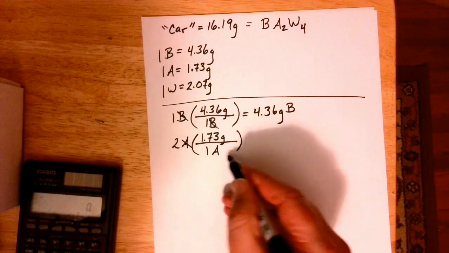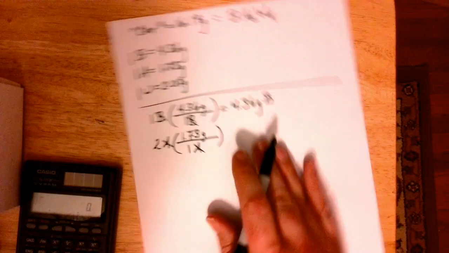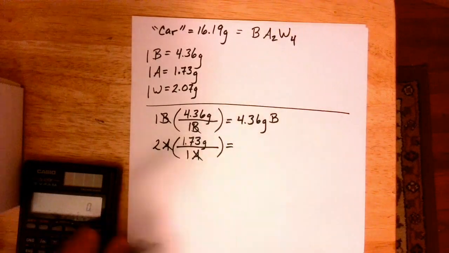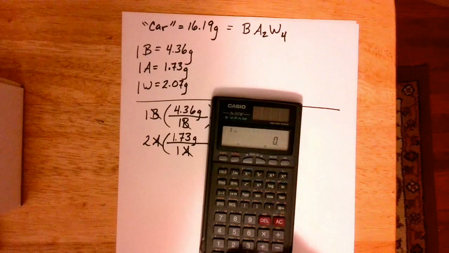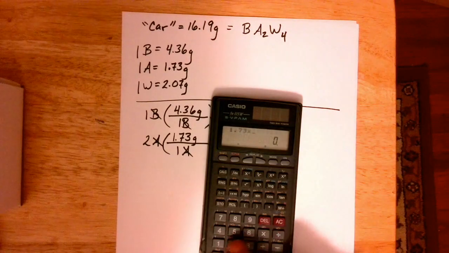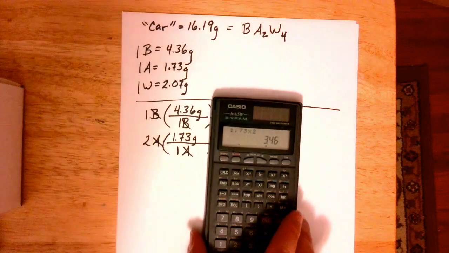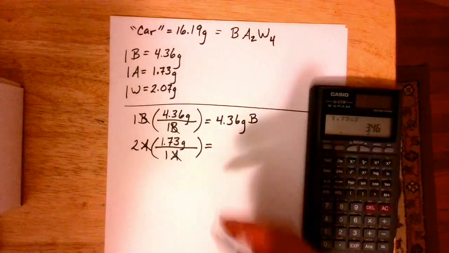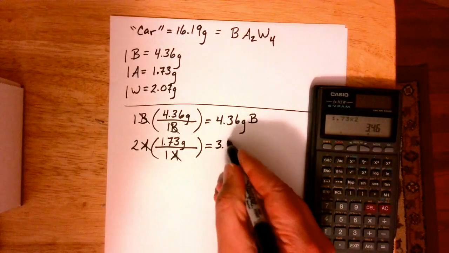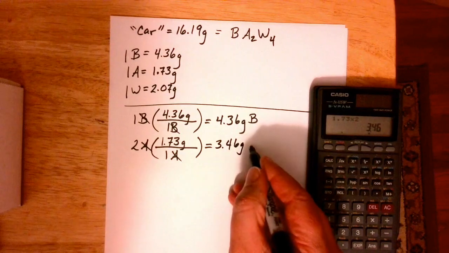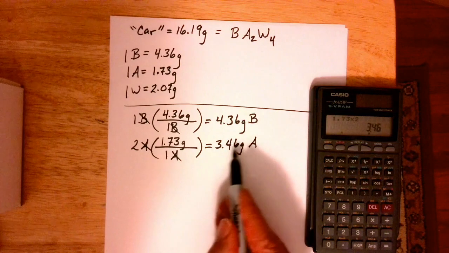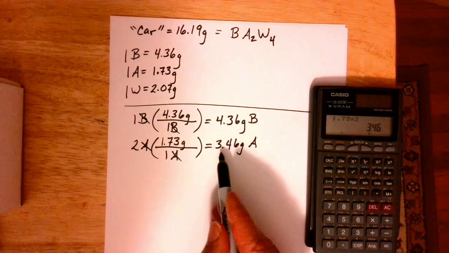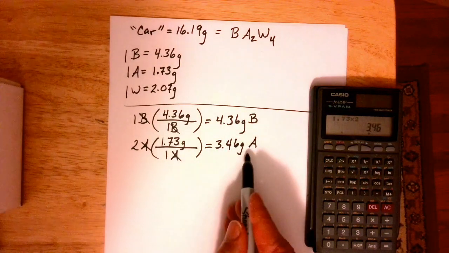This way, axles will cancel out. So now, we multiply it out. I'm going to take 1.73 times 2, and I get 3.46 grams of axles. And what that tells me is all the axles added together will have a mass of 3.46 grams.